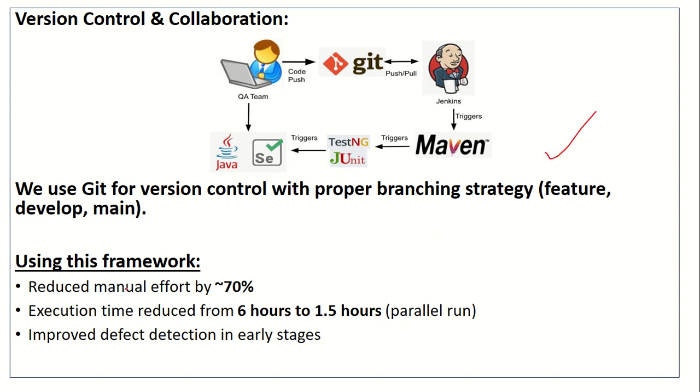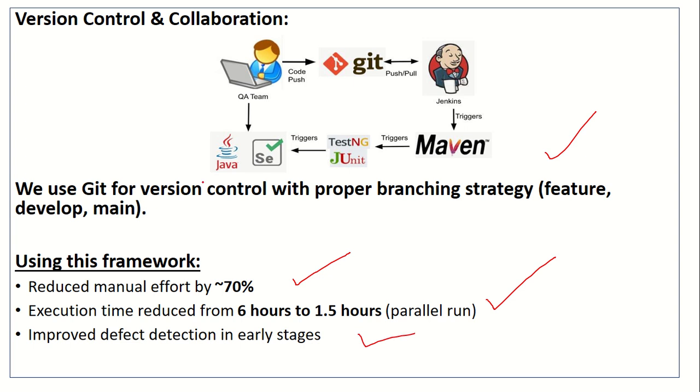And then at the end, you can close this question with some highlightable answer like, we have reduced the manual effort by 70% by using this framework, and we have reduced the execution time from 6 hours to 1.5 hours using parallel run functionality, and we have improved defect detection in very early stages.